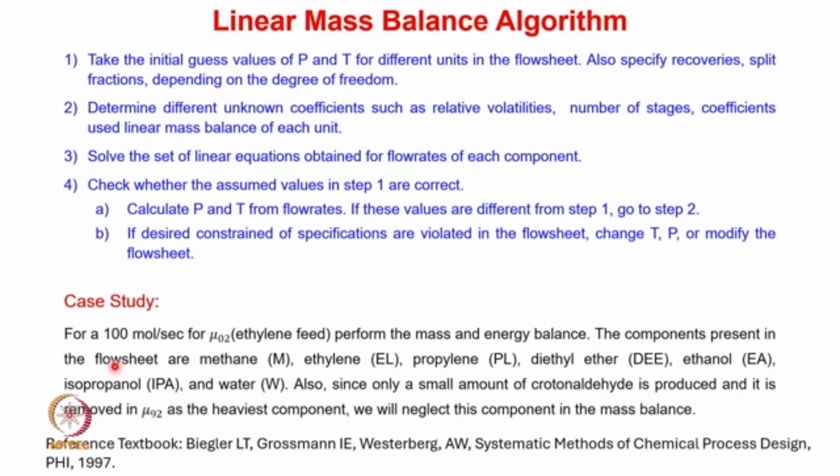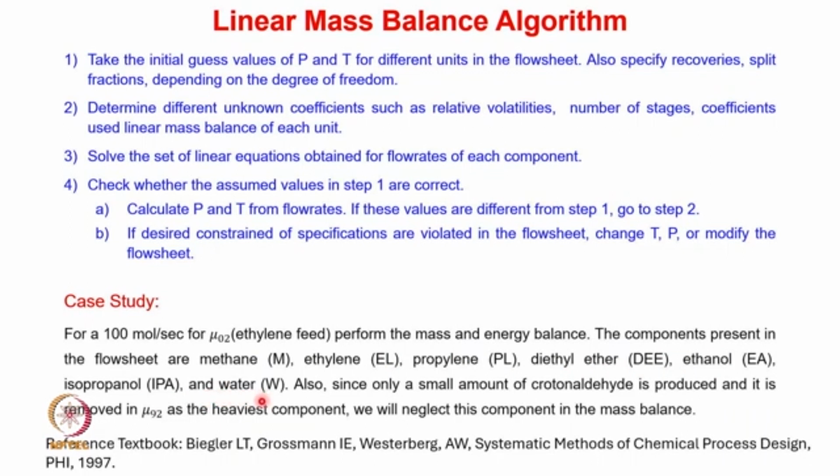In this particular case, let's say there are 100 mole per second of ethylene feed, and we want to perform the mass and energy balance with the same ethylene to ethanol production flow sheet. The components present in the flow sheet are methane, ethylene, propylene, diethyl ether, ethanol, isopropanol and water.